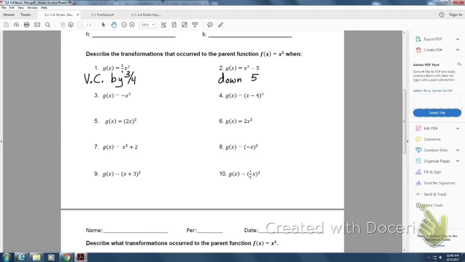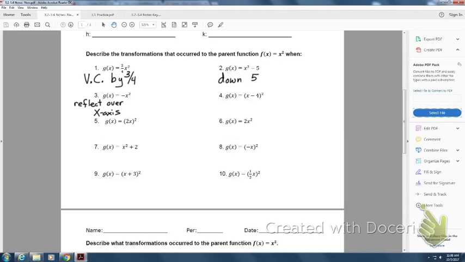Number 3, Aiden, what is that doing? It's reflected over the x-axis. On number 4, Isaac, what's that doing?